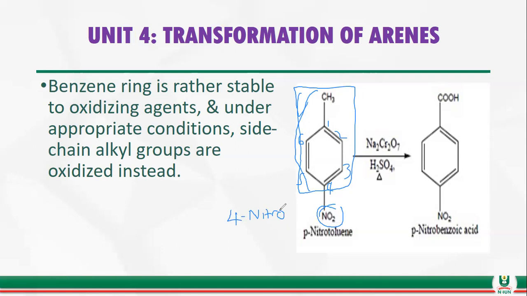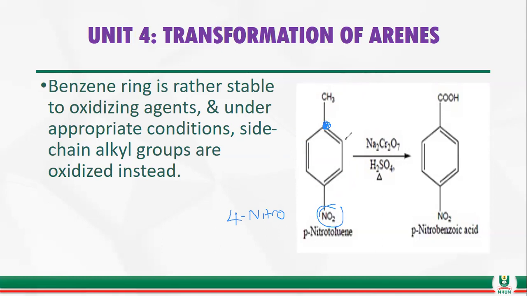In case they give you a name form, you must draw it in structure form. So when you see that, another way to name it is that if you don't want to use numbering, you can use the word form. Once you identify the origin carbon in your benzene, this is the origin carbon because it's the one linked to the methyl that makes us call it toluene.